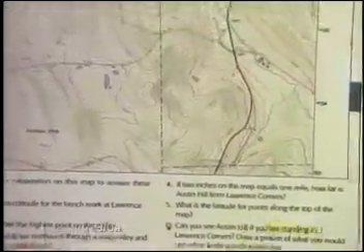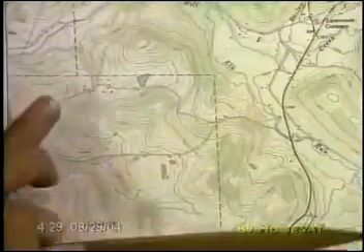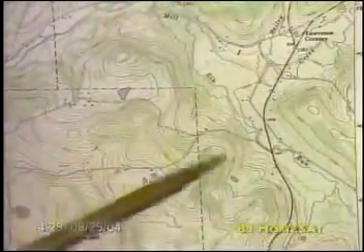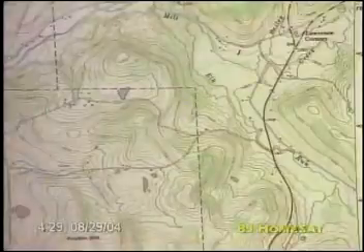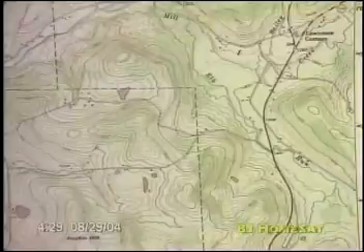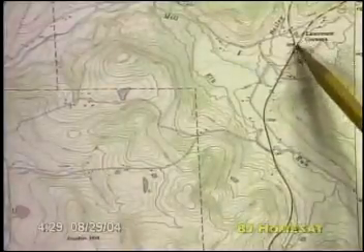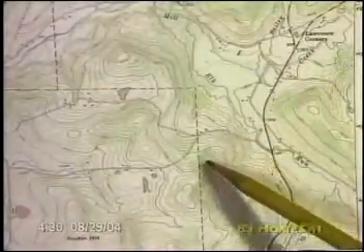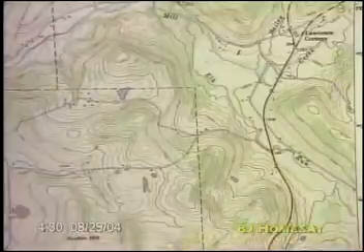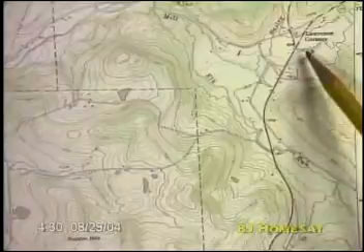Okay, so remember, here's Austin Hill, and here's Lawrence Corners up in the corner. What do you think? You could draw yourself a little sketch. Look at what's in between here. Look at the elevation. This is 1,820 feet. Lawrence Corners is around 1,287 feet.